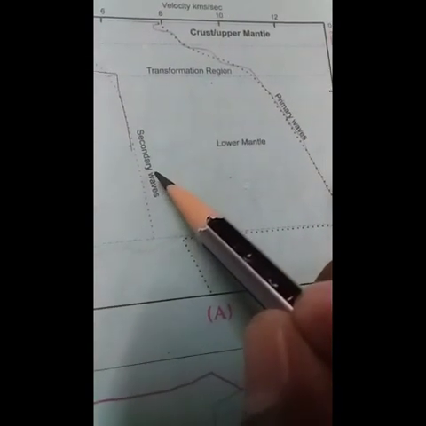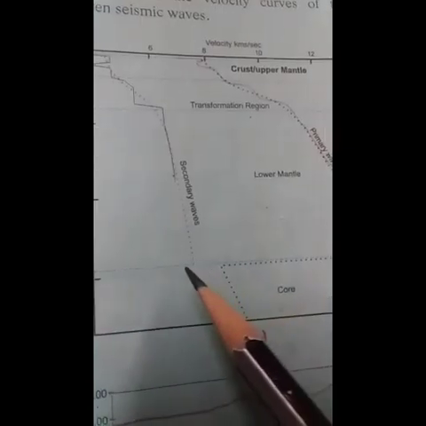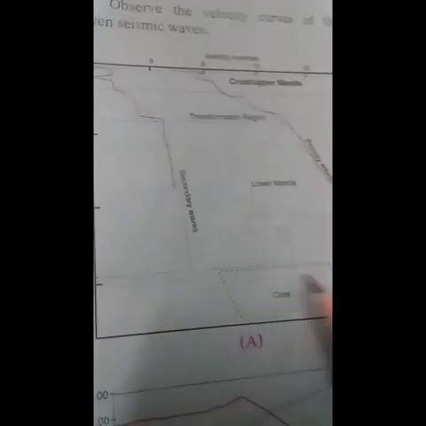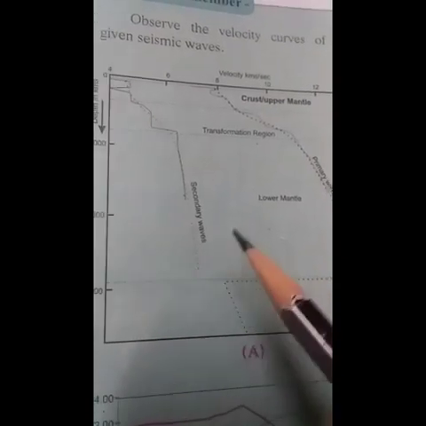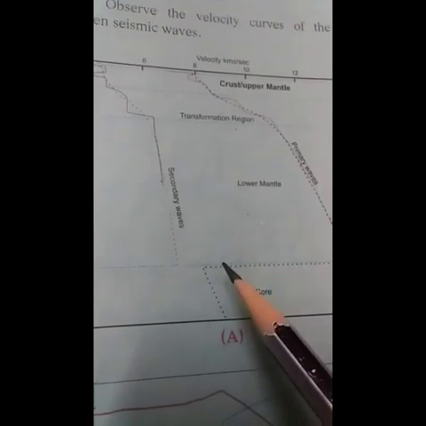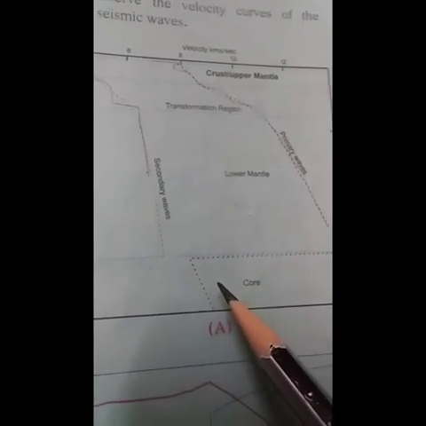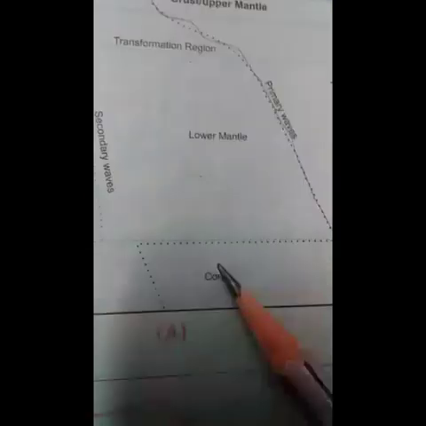Secondary waves cannot pass through the core. And this has led scientists to believe that the core could be liquid or semi-liquid in nature.